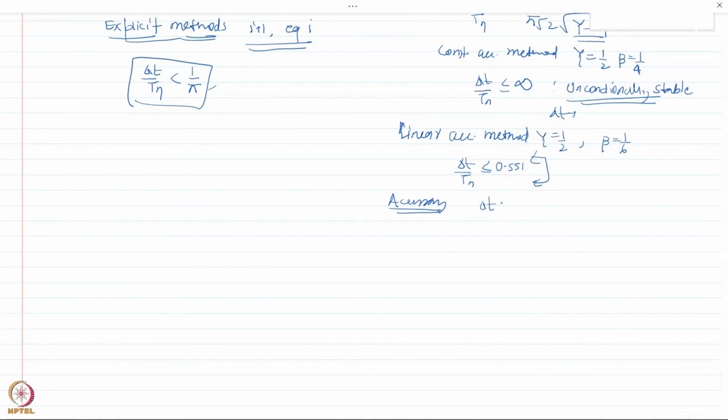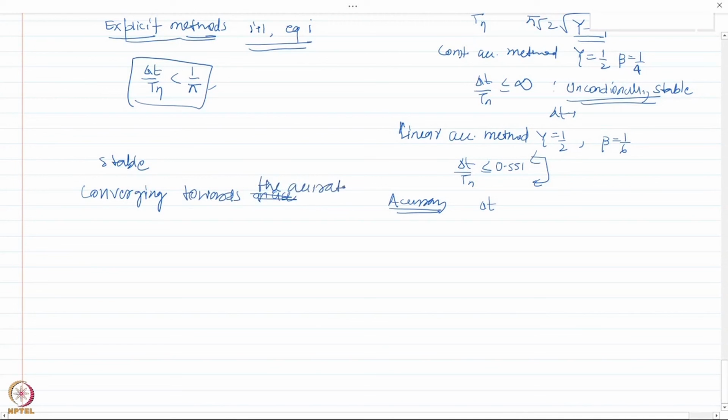So remember, all three properties that we discussed: it should be stable and it should be converging towards the accurate solution.